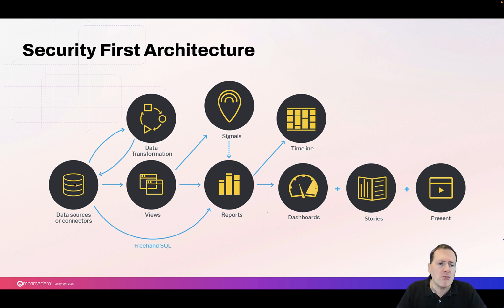So for example, replacing key values with the actual description. So for example, instead of having level 1, 2, 3, 4, 5, you can change that over to excellent, awesome, super awesome or whatever it is that you want to put in there. That data source is then pulled through to these views. And through the views, the freehand SQL could be pumped into a view.